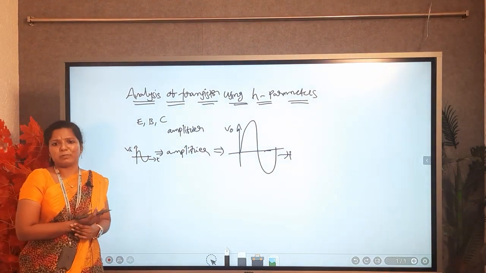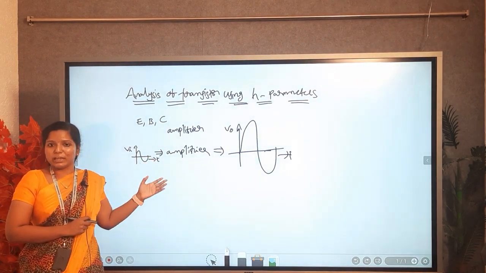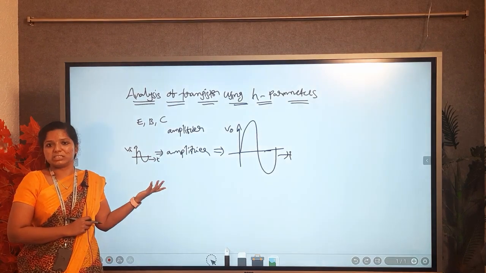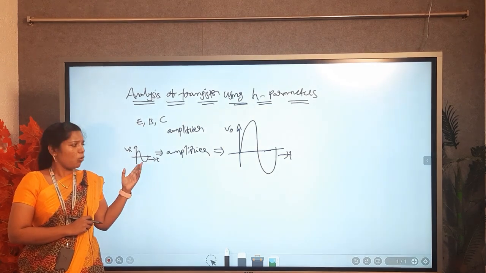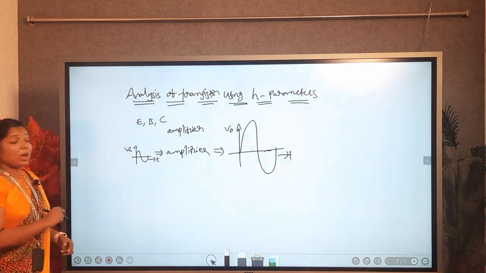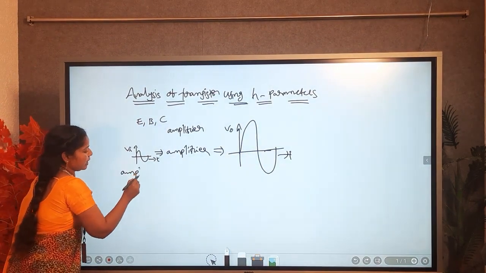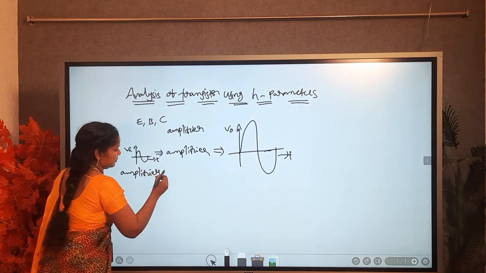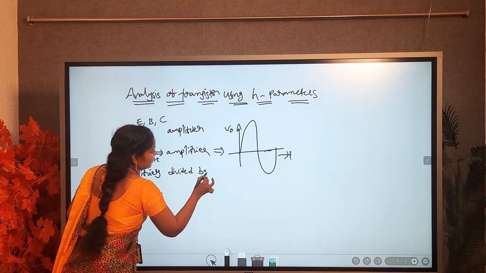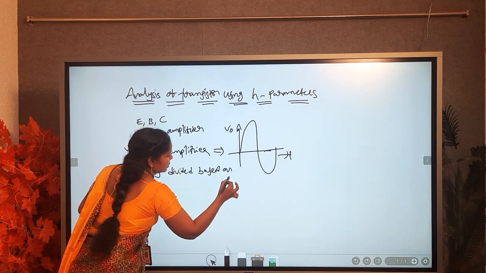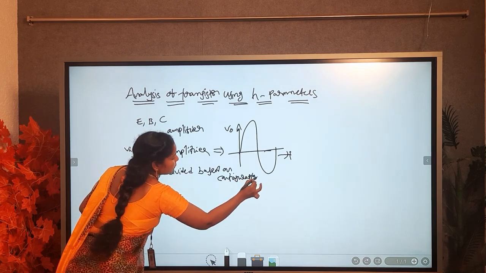So many types of amplifiers are there. Amplifiers are classified based on the configuration, based on the devices, based on the stages, based on the biasing, based on the coupling, based on the bandwidth. For example, based on the configuration, how many types of amplifiers are there?